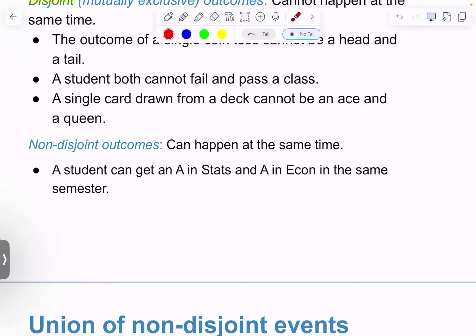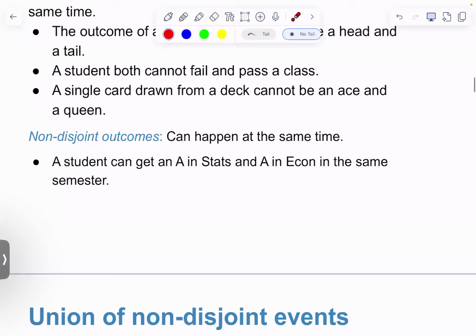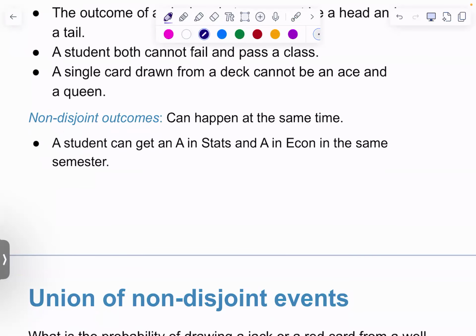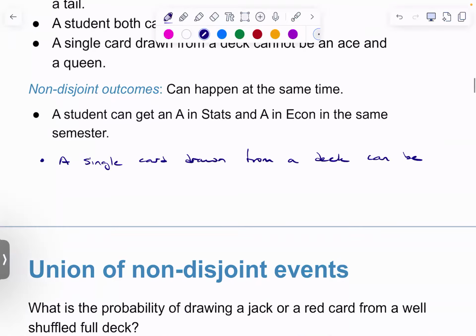Those two things are allowed to overlap. What's another thing? A single card drawn from a deck can be a queen and red, right? There's some overlapping outcomes as well.